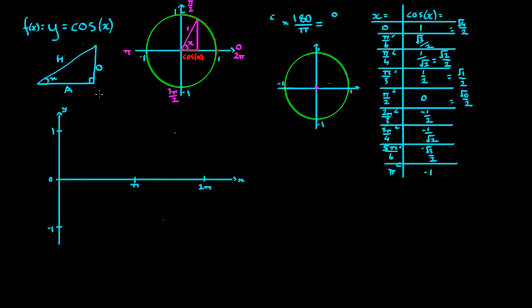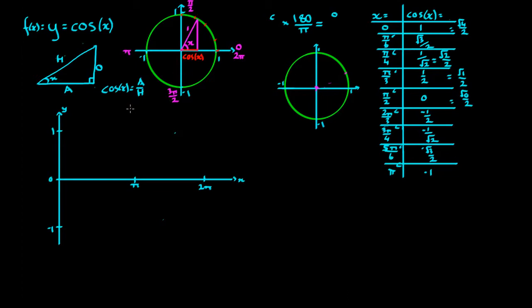This is quite a difficult concept, that cos of x equals the ratio. But one thing that's been introduced to the methods curriculum in the teaching side that makes it easier is the unit circle. Because in the unit circle, which I have drawn just to the right there, when you draw a triangle in the unit circle, the hypotenuse will always have a length of the radius of the circle, so that's equal to 1.